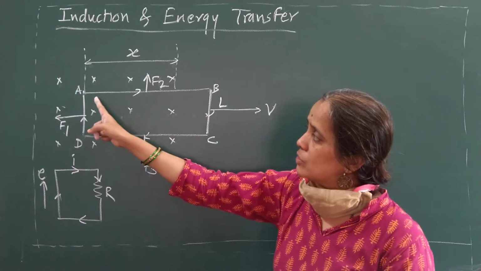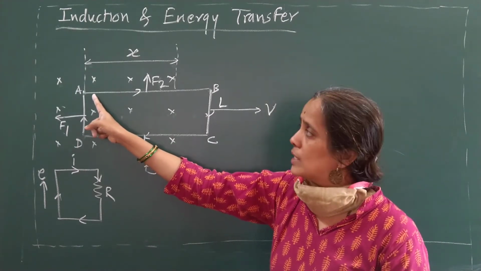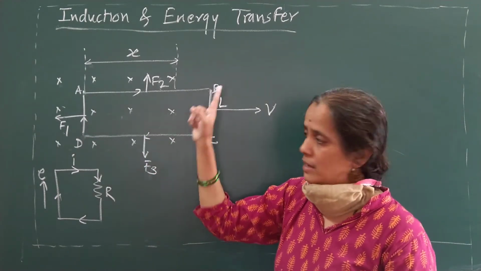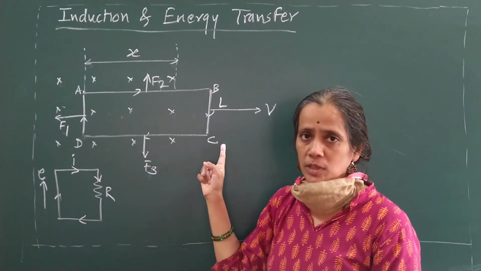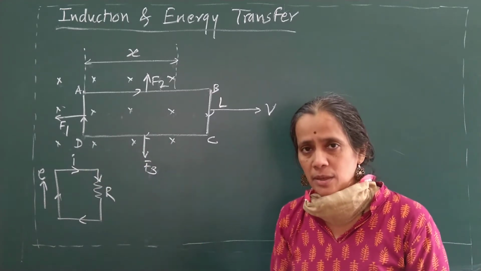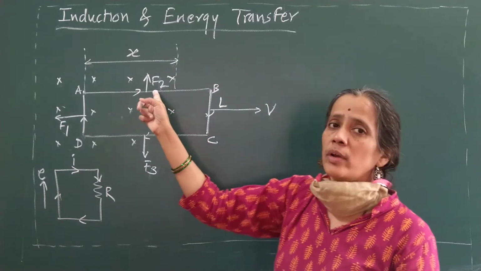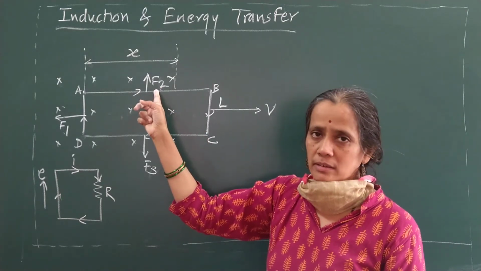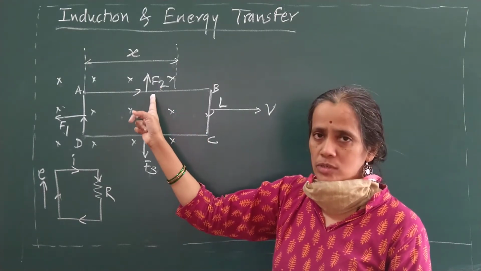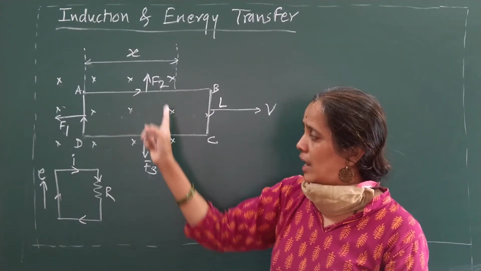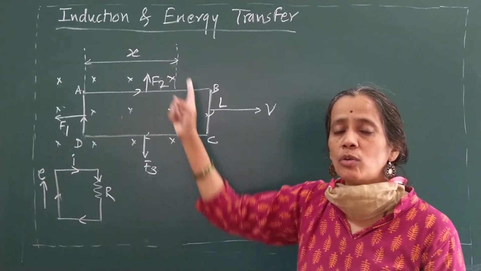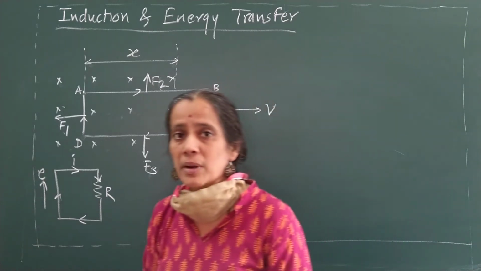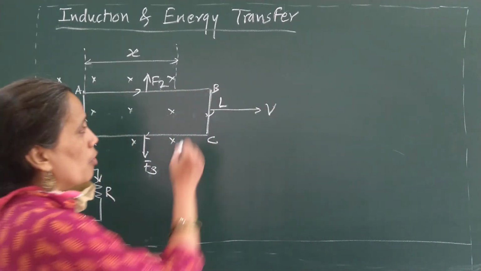Now when that induced current starts flowing, the AB part of the wire and the DC part of the wire are inside the magnetic field, so a force acts on those wires, F1 and F3. The magnitude of those forces will be the same, but the directions are opposite. What is the magnitude of force?